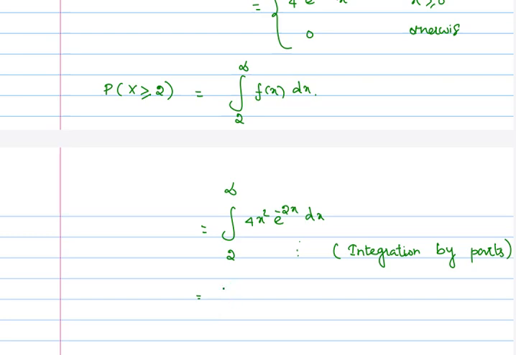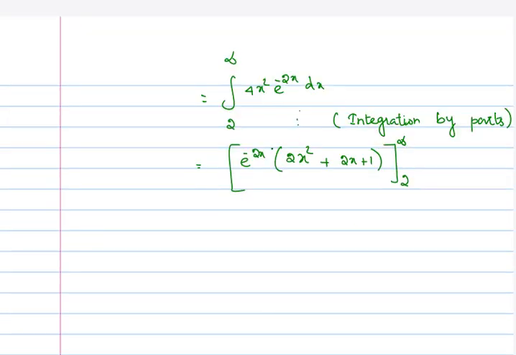You will get the answer: exponential of minus 2x times 2x square plus 2x plus 1, from 2 to infinity. Similarly, whenever x tends to infinity, this term goes to infinity, but the exponential approaches 0 faster, which is why the upper limit goes to 0.